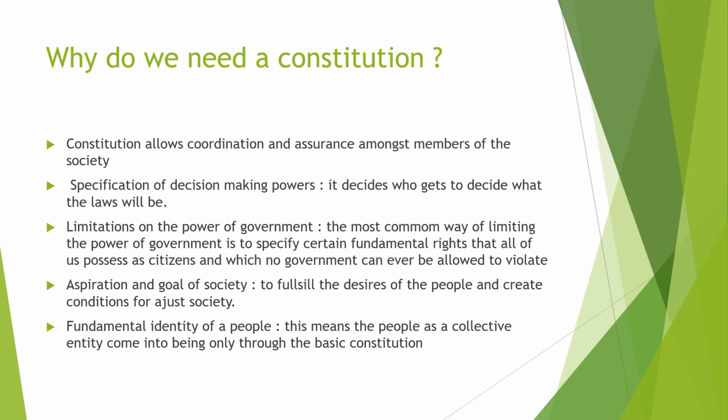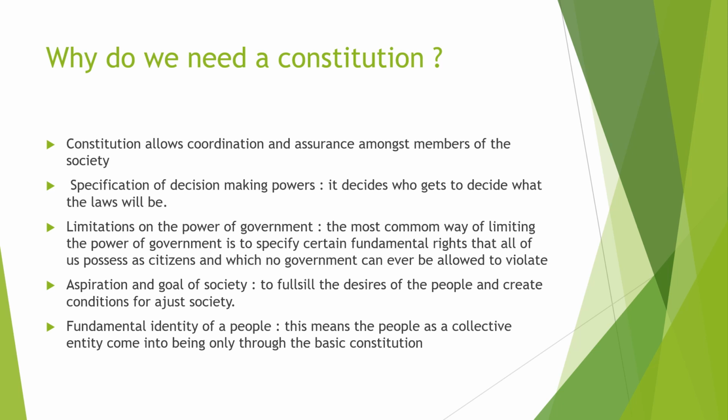The third point talks about the limitation on the power of government. After the specification of powers, there are chances that people can misuse their powers and get involved in unfair practices. For this, our constitution provides us with fundamental rights.